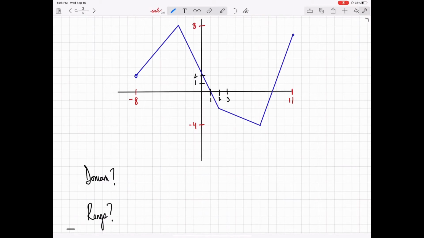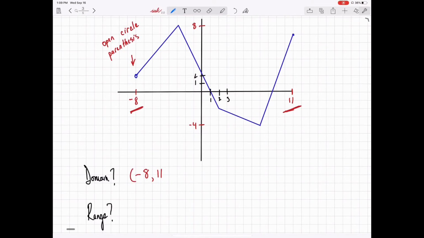Okay, so I've done most of the work for domain and range. If I look at the x-axis, I have this -8 and 11. So that's my lowest value to my highest value. Since this is an open circle, that is going to get a parenthesis.